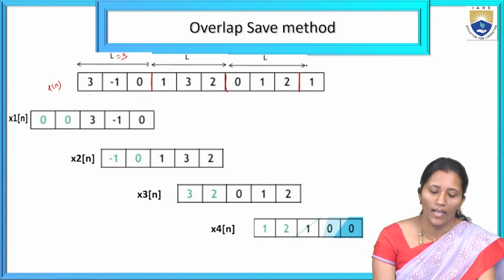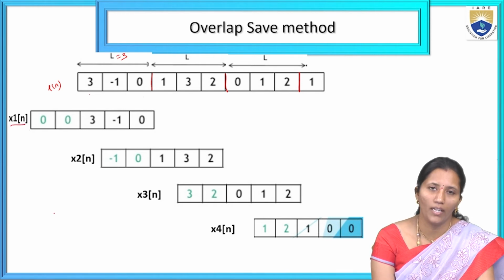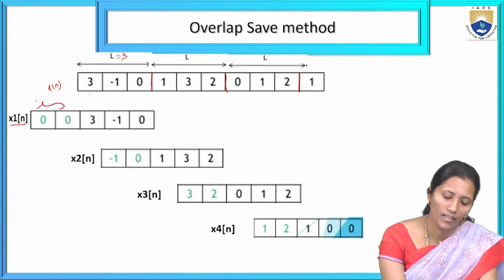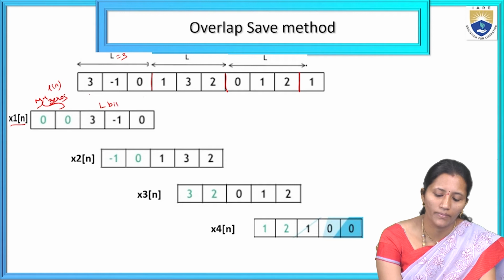And how to write the x1 of n value? The first segmented block x1 of n: the first bits will be M minus 1 zeros, followed by the L bits from x of n. So the first L bits are 3, -1, 0.